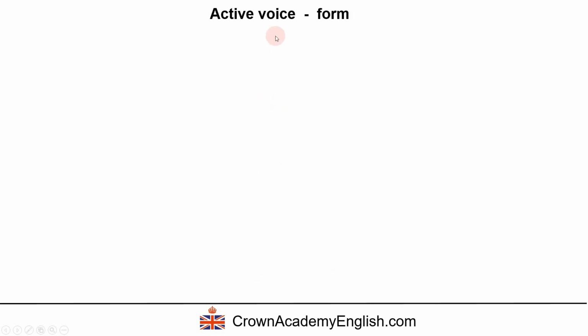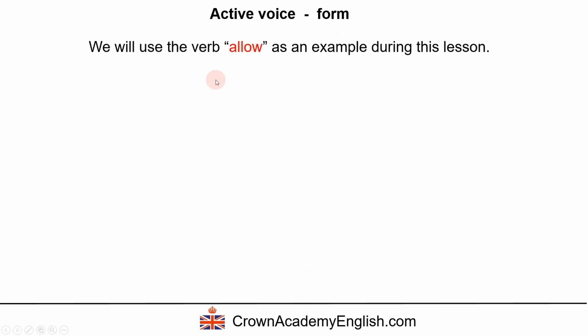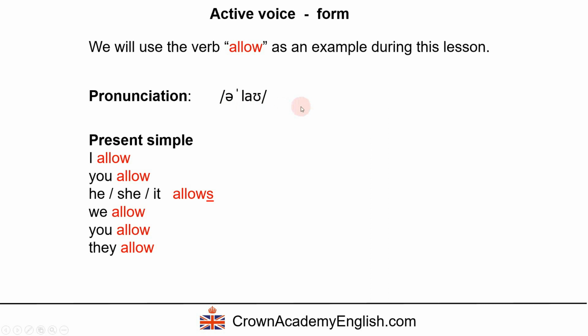So, very quick revision of the active voice. If you understand this, this will really help you understand the passive. So as I said, we're going to use the verb allow as an example during this lesson. So the pronunciation is allow, allow. And here is the present simple.